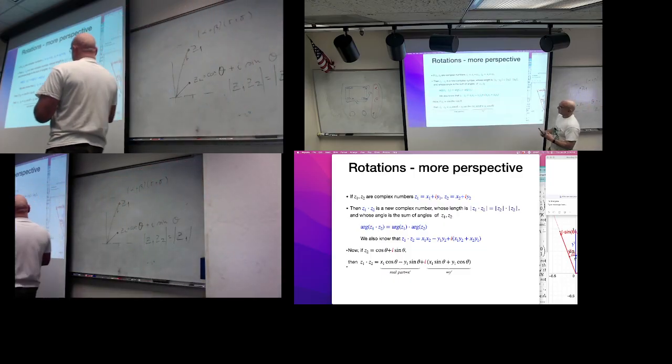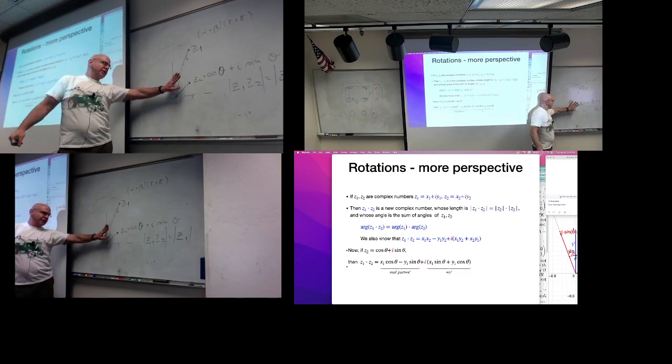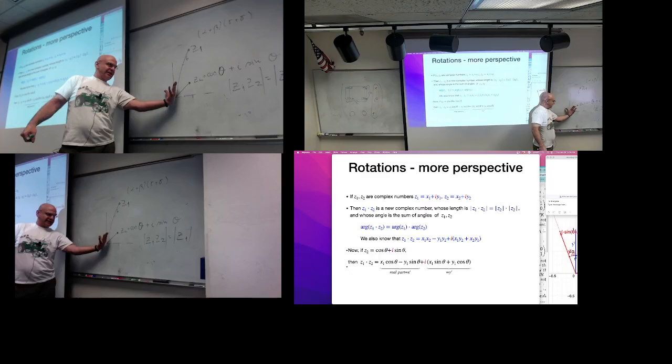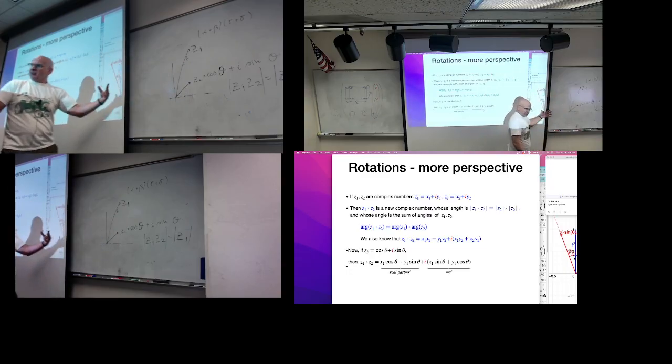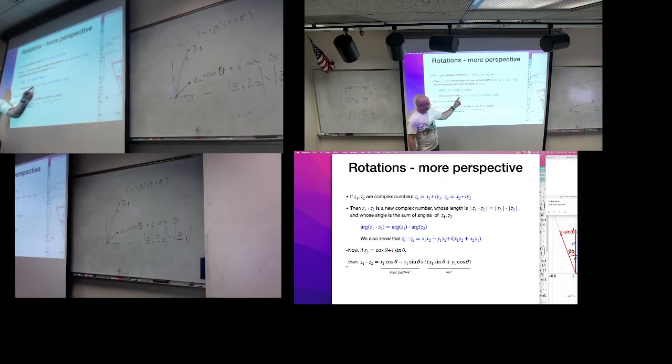Now, as you remember, what happens when I look at a product? The new angle is the old angle rotated, which will make sense with all the equations that we have seen so far, because when I do the product, it will be what?